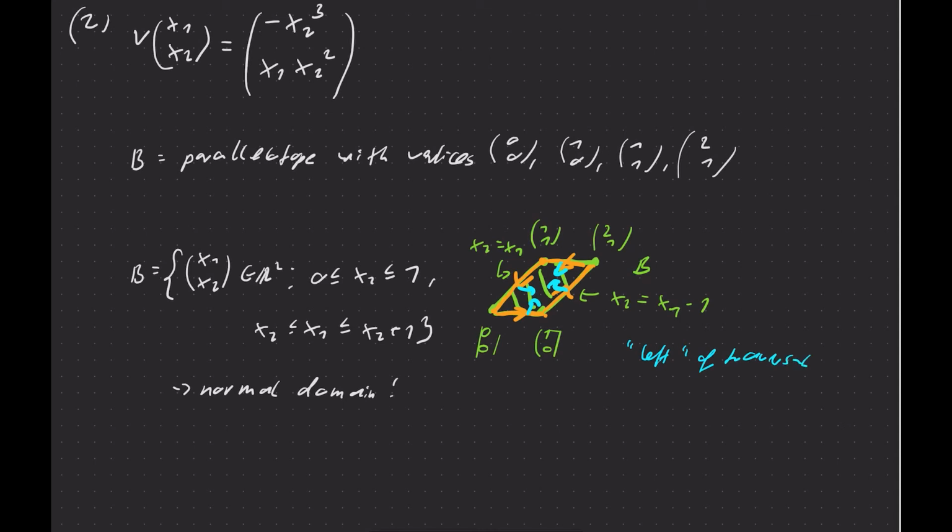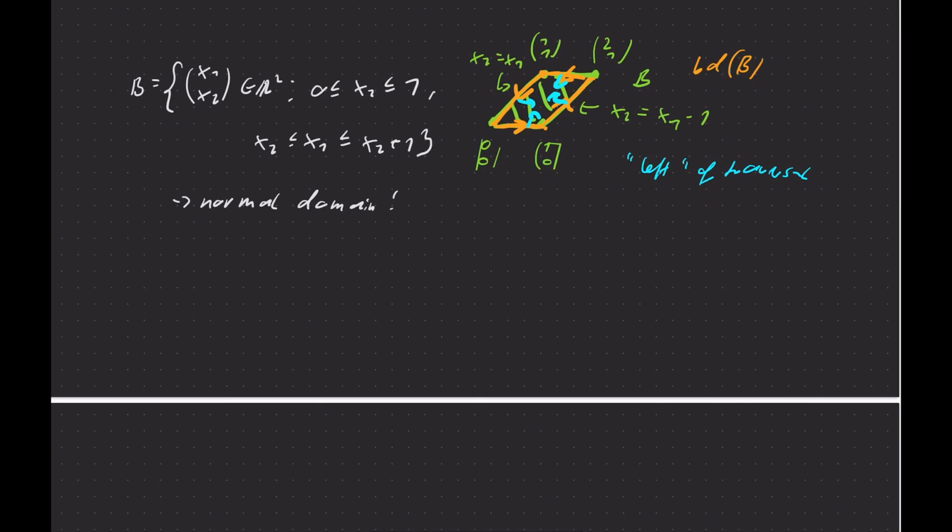Okay, and this orange part here, that is the boundary of B, and that is piecewise differentiable, as you can easily see. So if you want to compute the line integral along the boundary of B of v ds, then we can do this by computing the volume integral over B of the following expression: dv2/dx1 minus dv1/dx2, d(x1, x2).